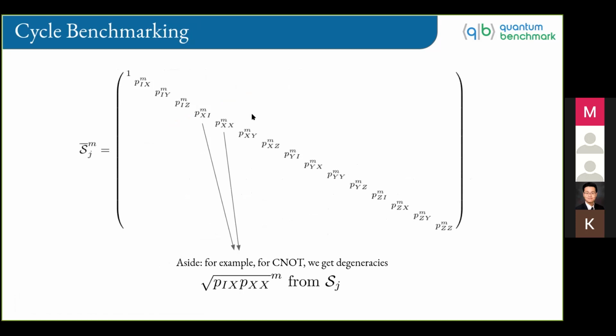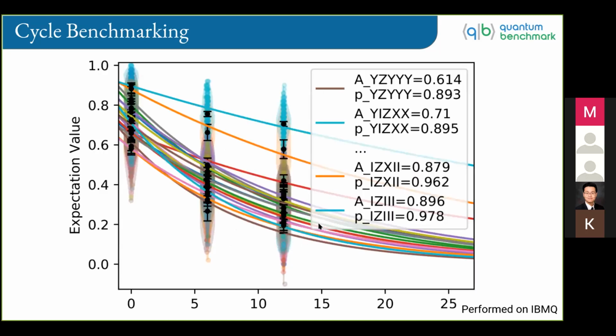And so what the cycle benchmarking protocol does is, for various values of M, so various values of circuit depth, it measures some of these diagonal elements. And if you fit that exponential decay, each one of these diagonal elements is getting its own unique exponential decay. If you fit a bunch of them, like is done in here. So here, again, this is data from an IBM Q device. We've taken a bunch of random elements from that diagonal, and we've decided that we want to experimentally measure them.